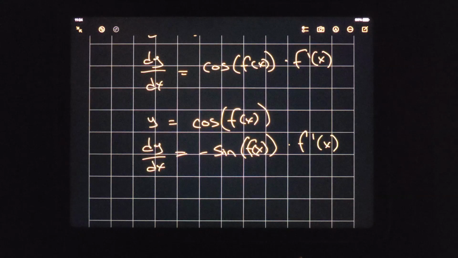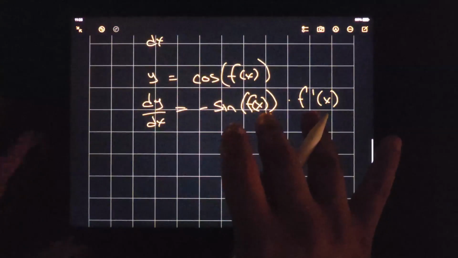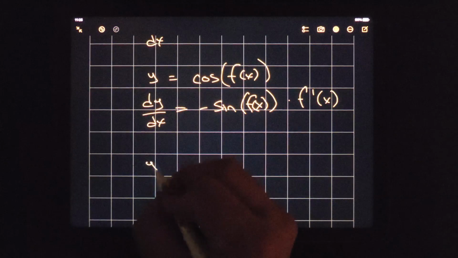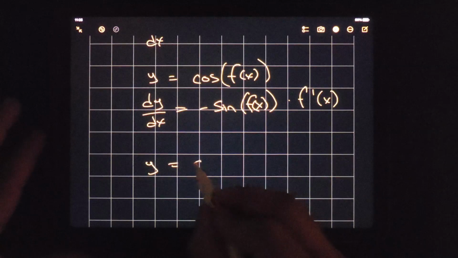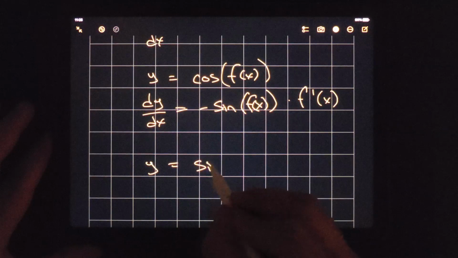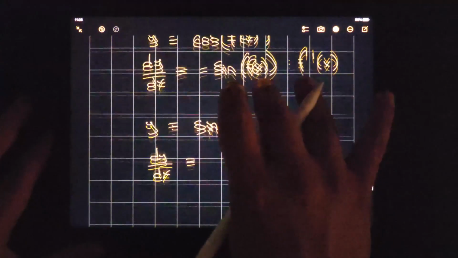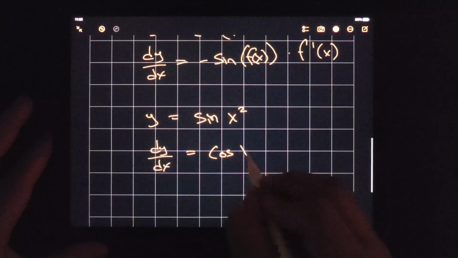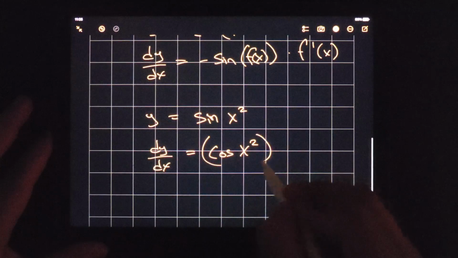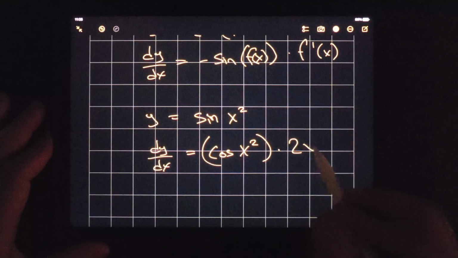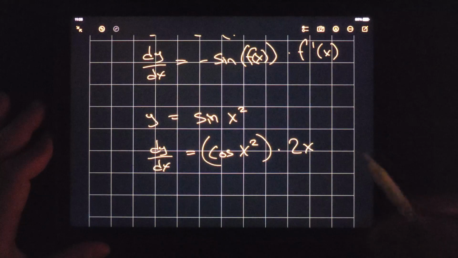So when we have something like y equals sine x squared, the derivative is really just cos x squared times the derivative of what's in there, which is 2x. That's it.